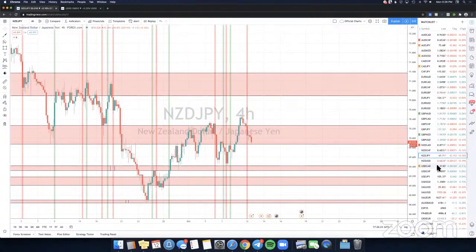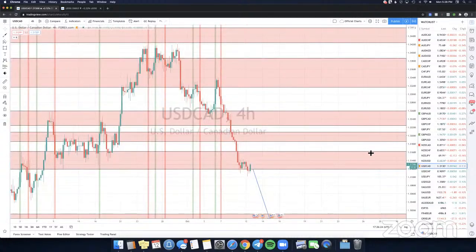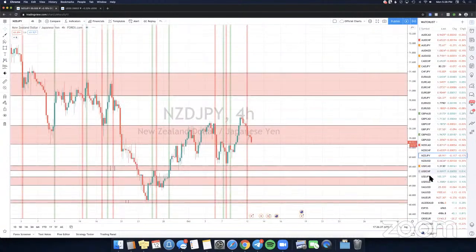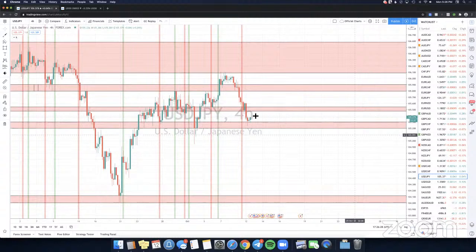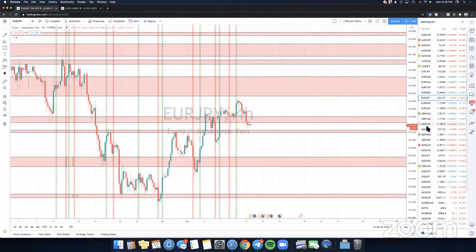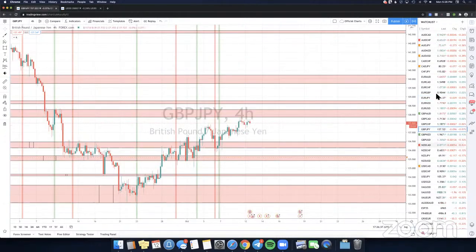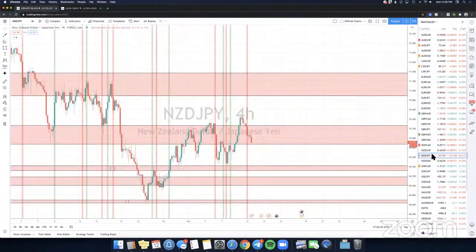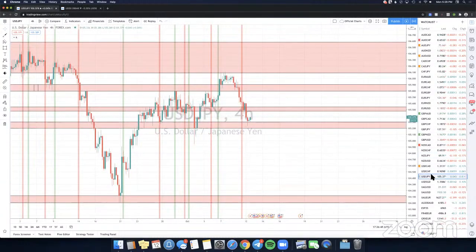NJ is coming down super nice. UJ, sorry, UJ is going up. So actually, they're not all fully correlated. Pretty much here, AJ, CJ, EJ, GJ, and NJ are all coming down. However, it looks like UJ is not.